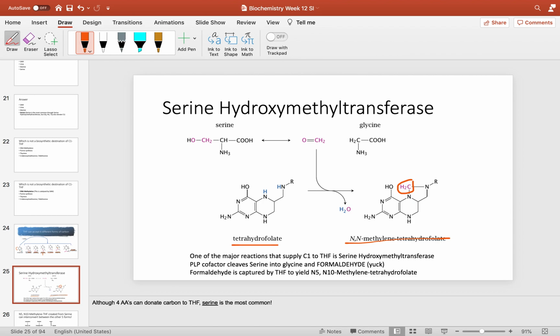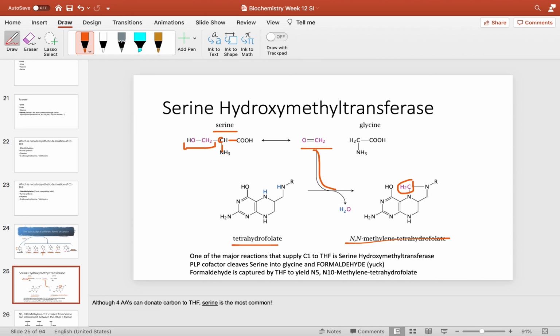So in this case, there's an enzyme called serine hydroxymethyltransferase that takes serine, remember this is the alpha carbon, COOH and amino in the backbone, and then in the R group we have a CH2 connected to an OH, so this is serine. This carbon will actually pop off from the backbone to form a formaldehyde, which will then be attached to THF to form methylene.